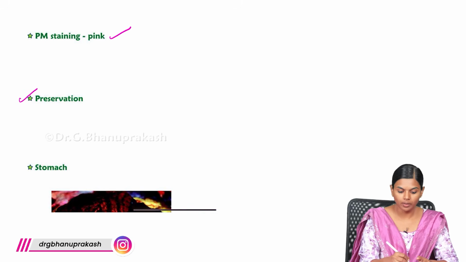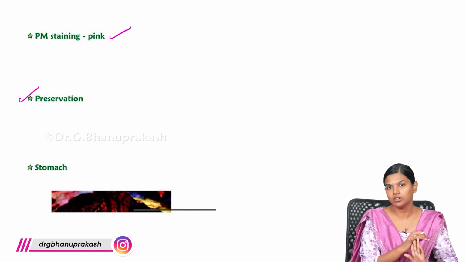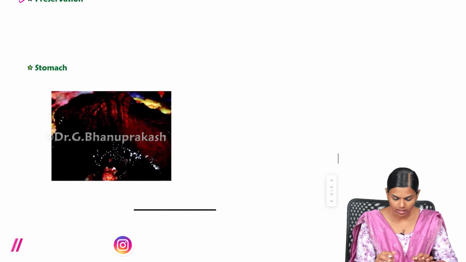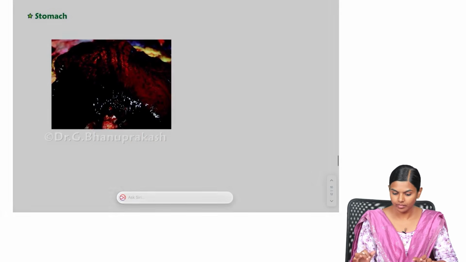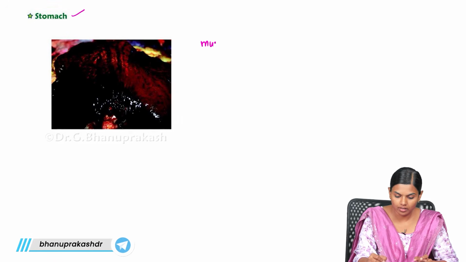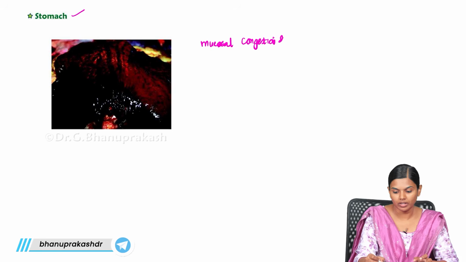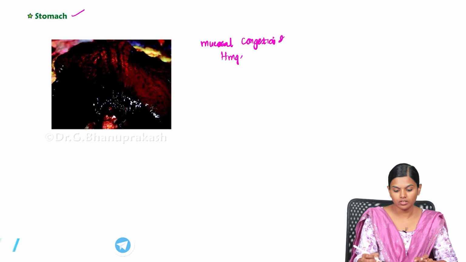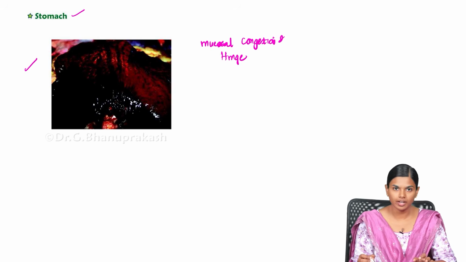And while doing preservation, like how the lung is preserved, you have to tie and cut, and only then send it for analysis. And cyanide, when ingested, will lead to severe mucosal congestion and hemorrhage. This is very, very striking in cyanide poisoning.